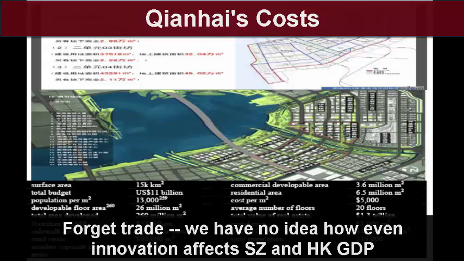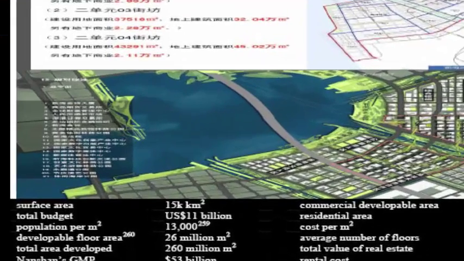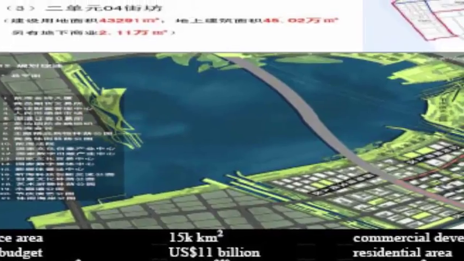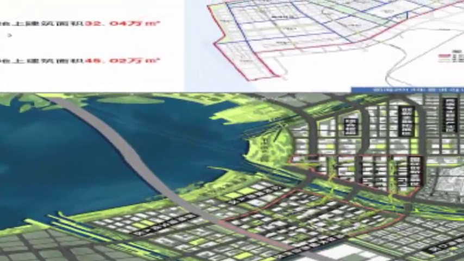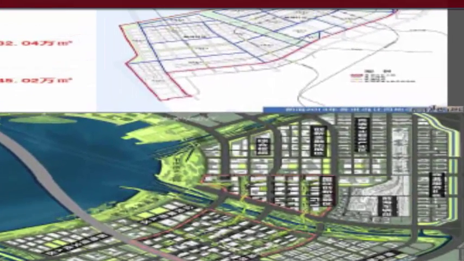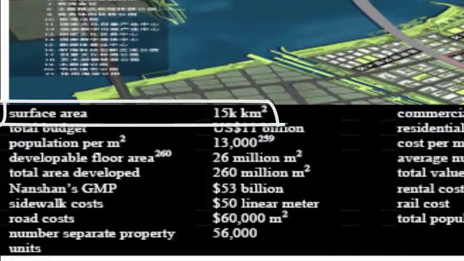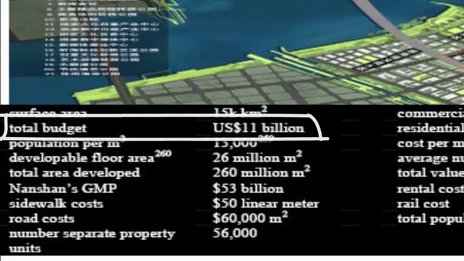Naturally, Qianhai has its own costs associated with the development. We show the layout of Qianhai as a real estate project, and as we see from artist renditions, the Qianhai project expands across a wide area with surface area of roughly 15,000 kilometers squared. The project's total budget naturally depends on the source consulted, yet most of these estimates seem to center around 11 billion US dollars.